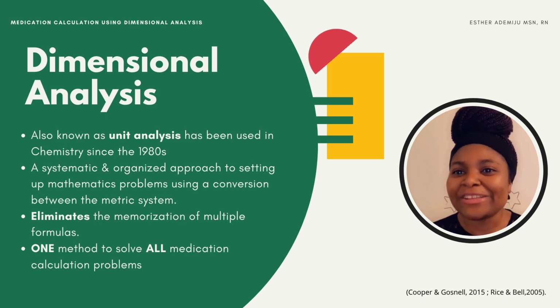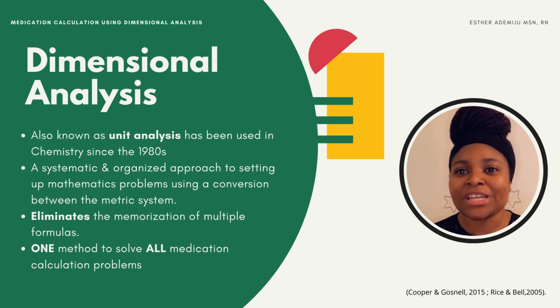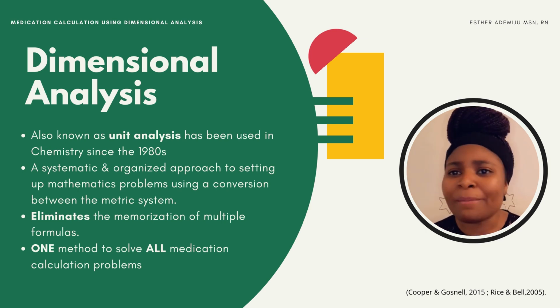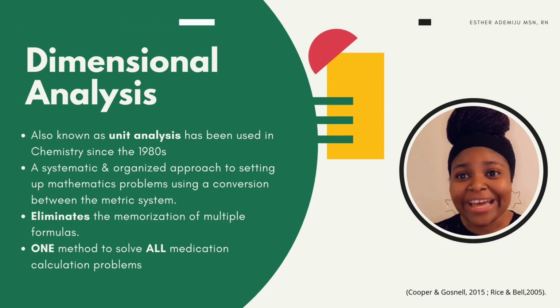We're using the metric system, we're using a conversion system, and it just makes it so much easier because we can easily set up these questions and get going. So with dimensional analysis, we eliminate all memorization of so many formulas. You don't have to memorize so many formulas. You know this, and that's it. It's your one method to all medication calculation problems, and you are gonna see that as we go.